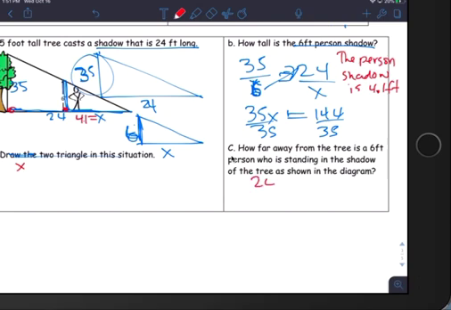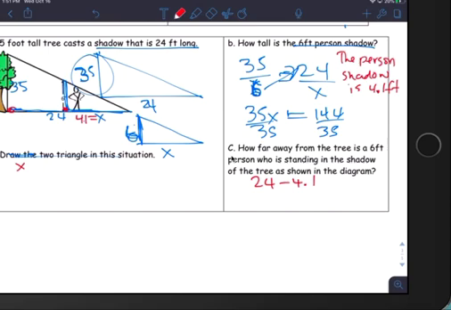So 24 minus 4.1. Uh-oh, got it wrong. 24 minus 4.1. Oh gosh. 19.9.